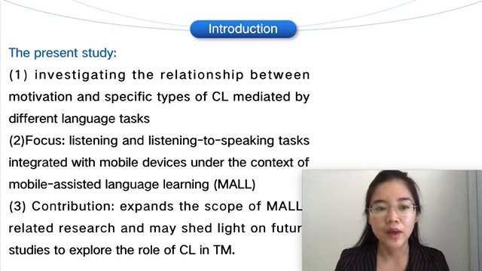Interest in mobile assisted language learning, or MALL, was brought to the fore in the past decades. MALL refers to the utilization of mobile technologies in language learning. It is believed to motivate learners to gain autonomy in their studies and become the mappers of their learning journey.